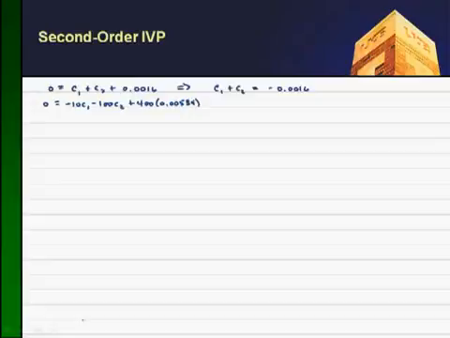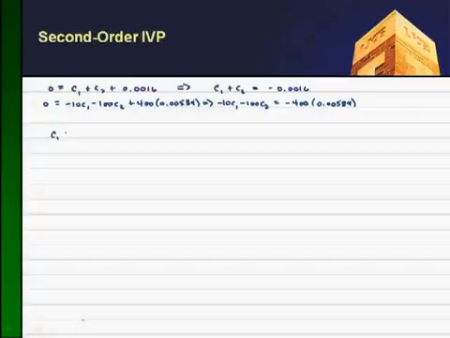It's just some constant. So if I align these things, I get negative 10 C1 minus 100 C2 on one side, and on the other side the minus of 400 times 0.00584. And if you solve this system of equations, let's see what I find for C1 and C2.